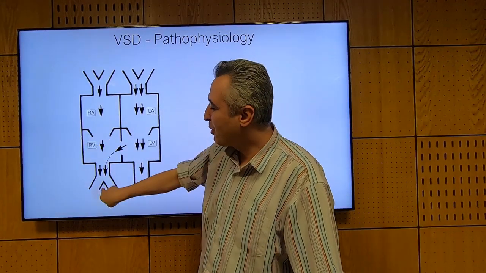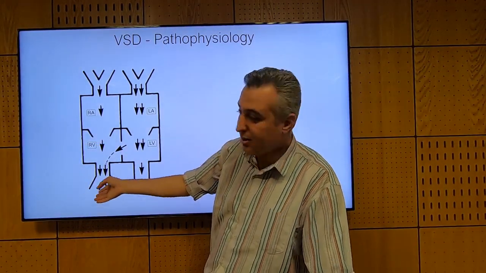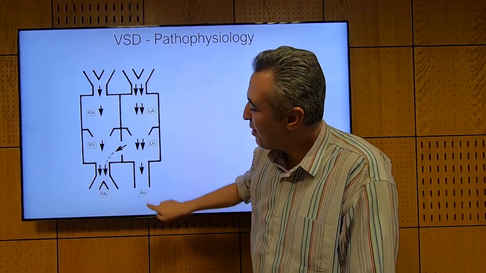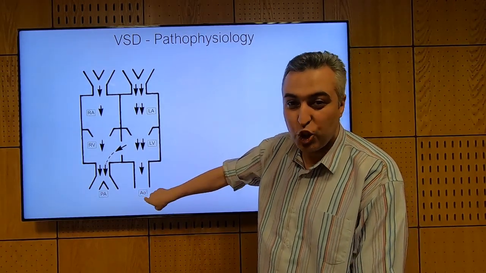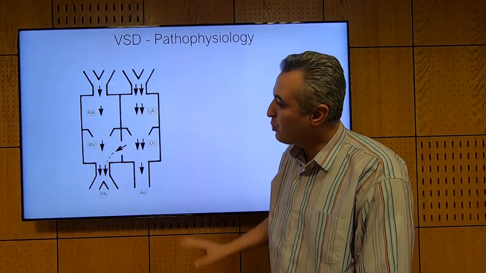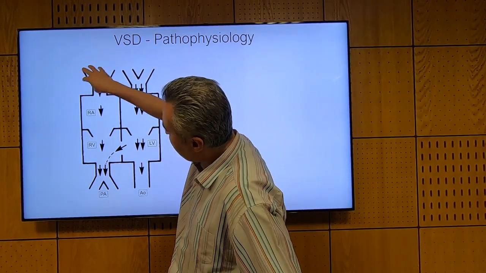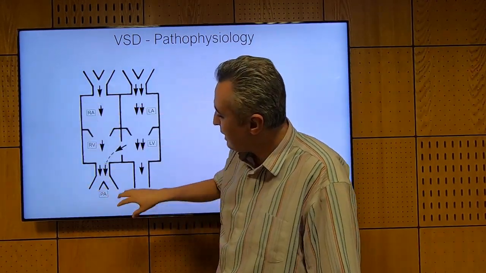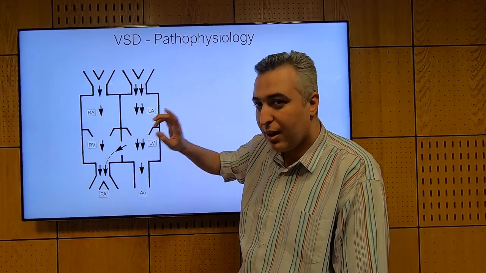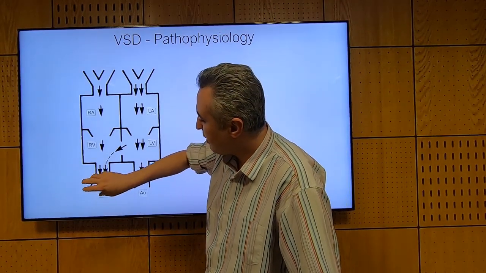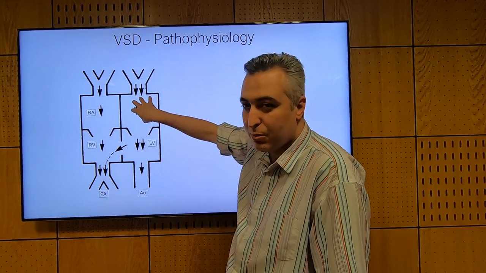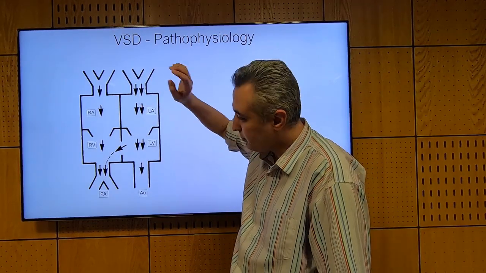Pulmonary arteries, dilated. Pulmonary veins, dilated. Left atrium, dilated. Left ventricle, skip it for now. Aorta, not dilated. So now we have agreed that SVC, IVC, right atrium, and aorta will not be dilated, and that pulmonary arteries, pulmonary veins, and left atrium will be dilated because of higher blood volume.